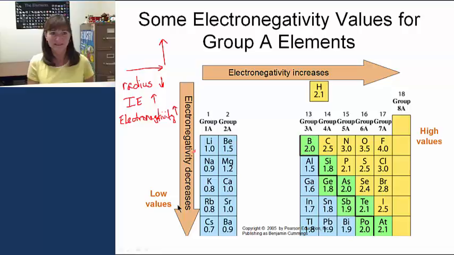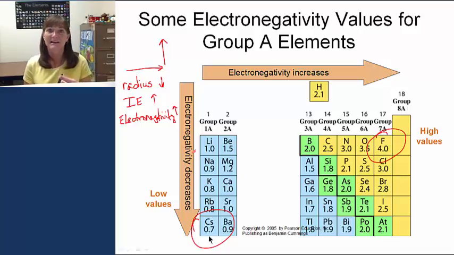Another way to do it is just to remember that over here in the upper right hand corner of the periodic table, and I like to just focus on fluorine, that's where you're going to find your smallest atoms, those with the highest ionization energy and those with the highest electronegativity. If you go down here to the bottom left, you get your biggest atoms, lowest ionization energy, and lowest electronegativity.